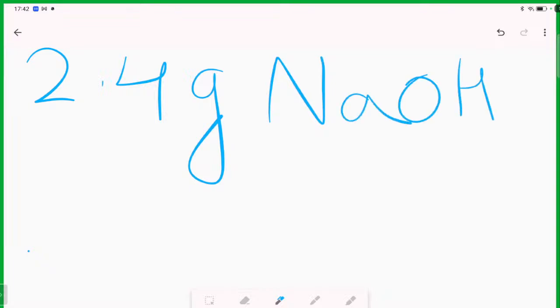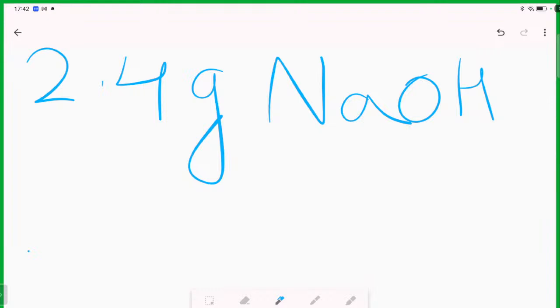Let me read out the question so it will make more sense. Molarity of a solution prepared by dissolving 2.4 grams of NaOH in 100 ml of water. So we need to find molarity.